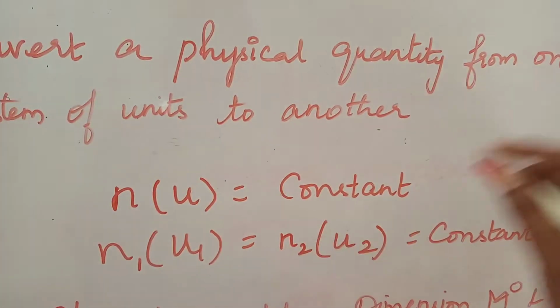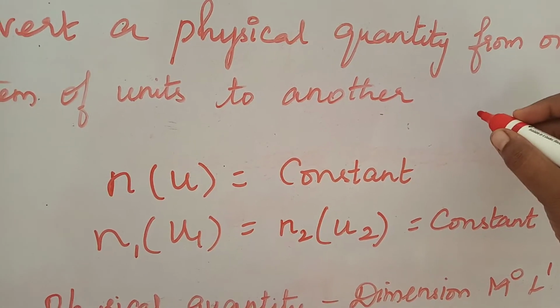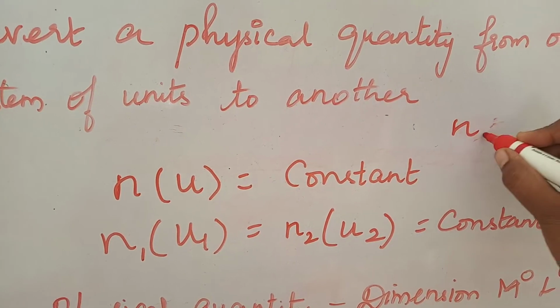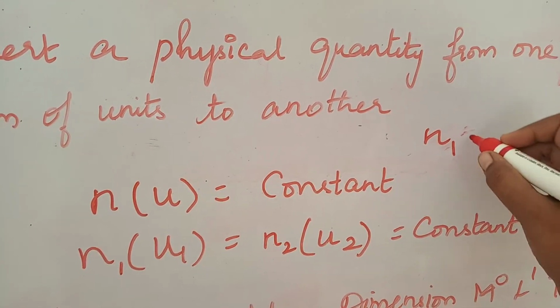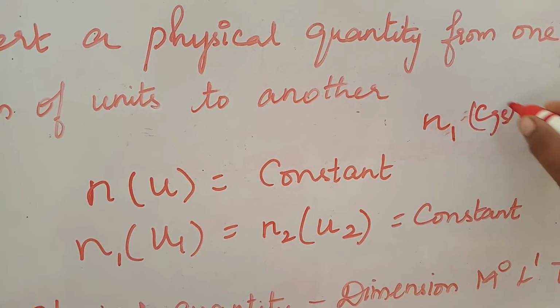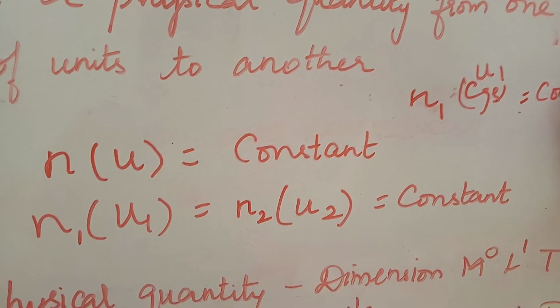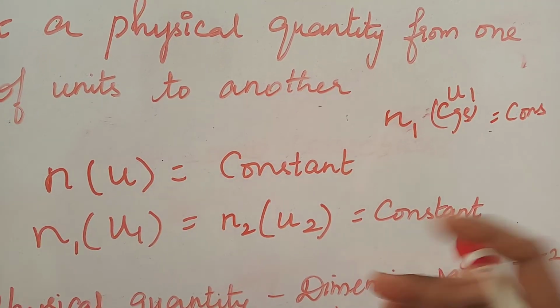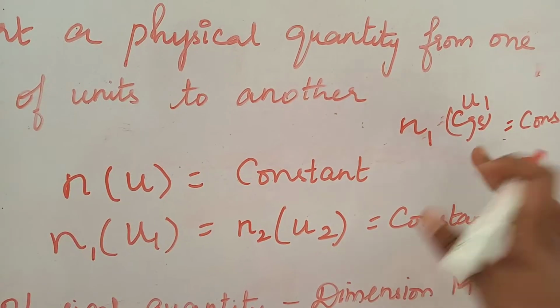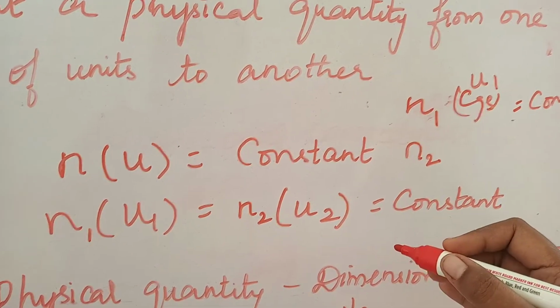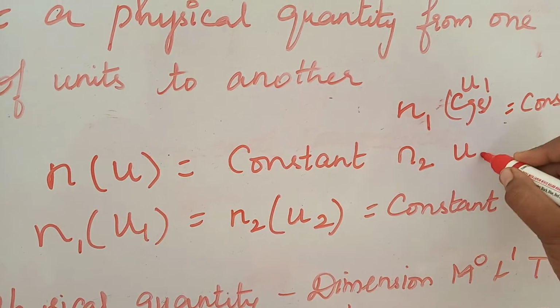When I have one system of units, say CGS, let it be n1 into the CGS unit, u1, which is equal to a constant value when you multiply. Similarly, in the other system, it is some other number n2 and the unit is u2.